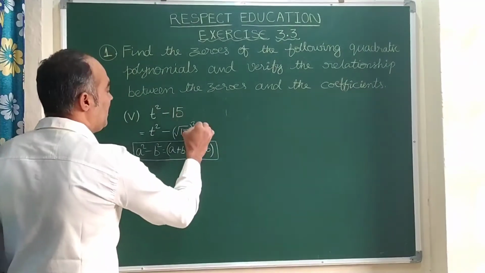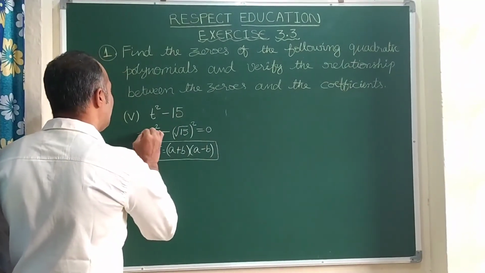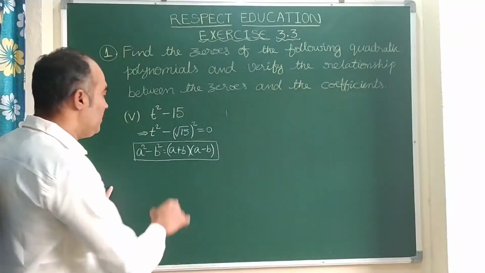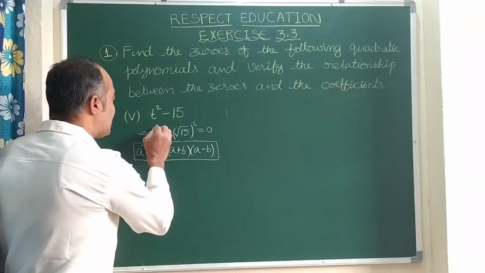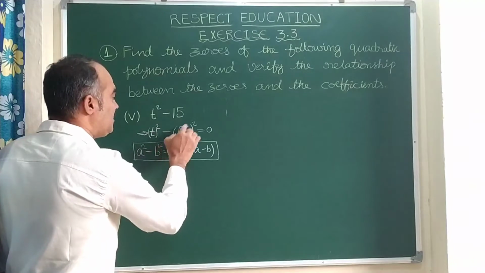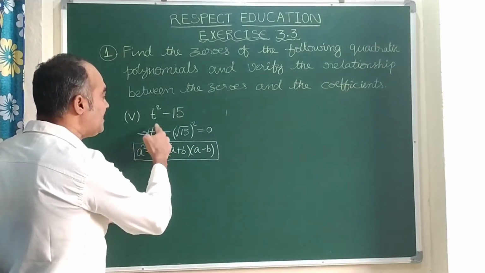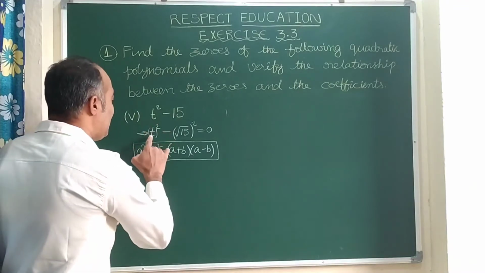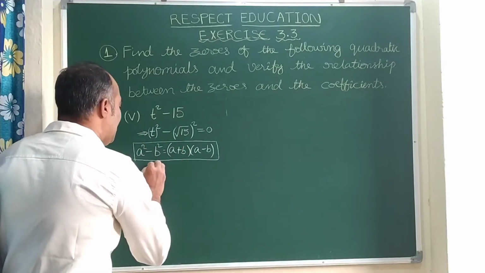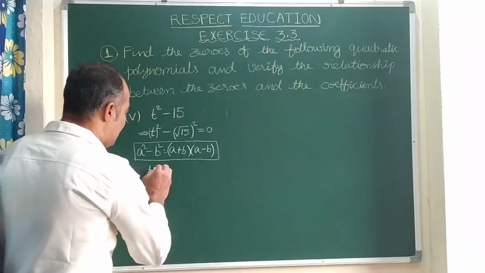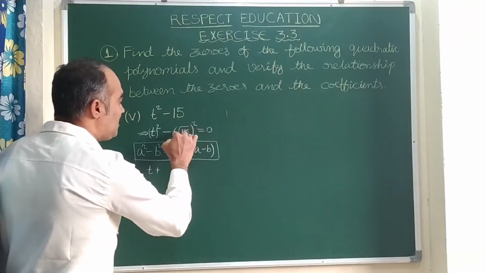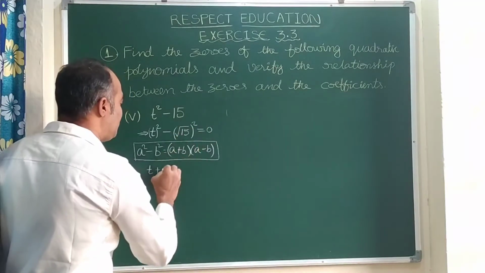So here as we are finding the zeros, let us make it equal to 0. Now here you compare this one with a square minus b square. Observe here a is t, then it will become a square. So here a plus b means t plus b. Here you see compare this one with b square, means root 15 is b.